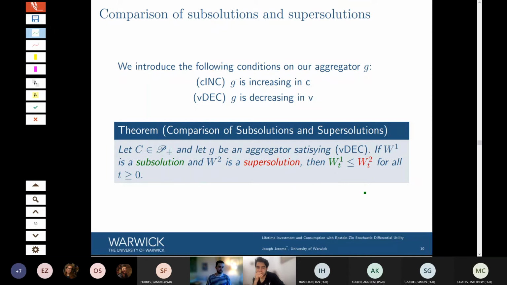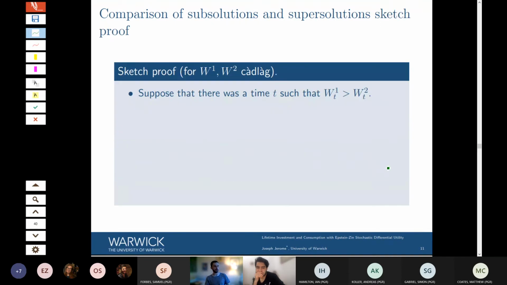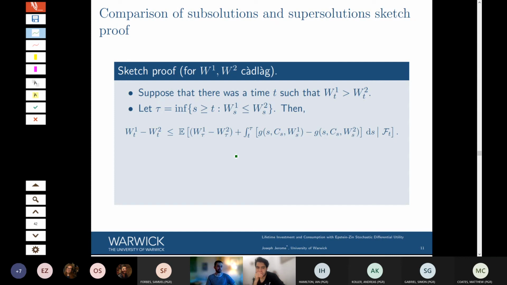And I'll just give a quick sketch of how the proof of this goes. So suppose that there is some time t such that W1 is actually strictly greater than W2, and then let tau be the first time that that doesn't hold. So that's the stopping time. And then using the definition of sub and supersolutions, we actually get this inequality here. So this is essentially what happens if you plug in the definitions.